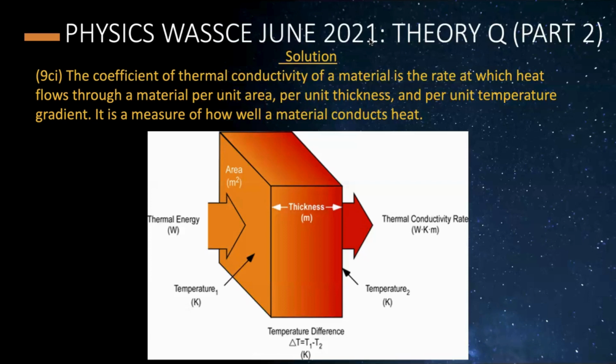So if you apply heat energy, as you can see here, at the beginning there is a temperature usually. Let's call it temperature 1. Now, there is a thickness, remember, so this heat will have to flow from one end to the other. So there is a flow of heat, right? And there is a new temperature as a result, which is T2.